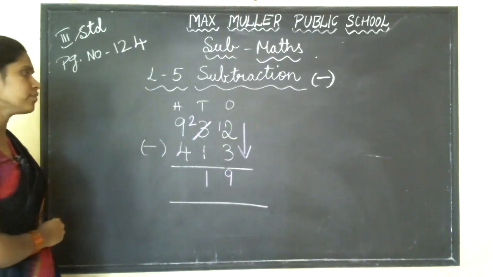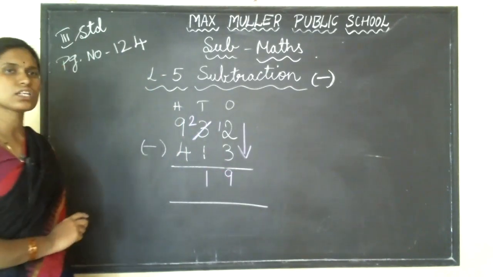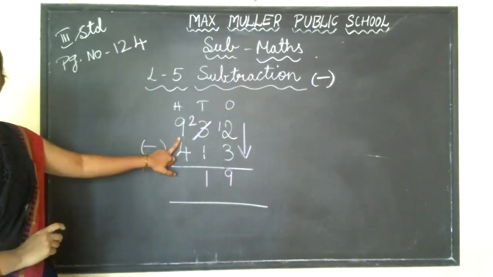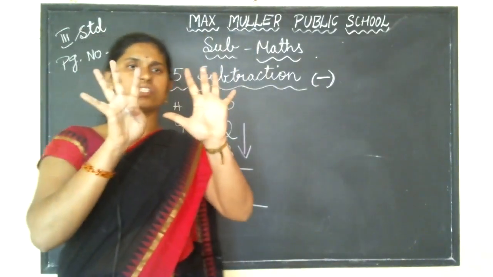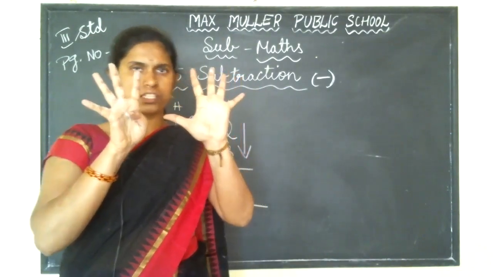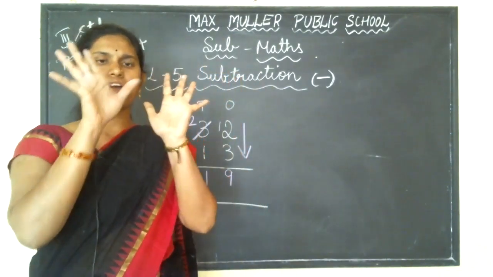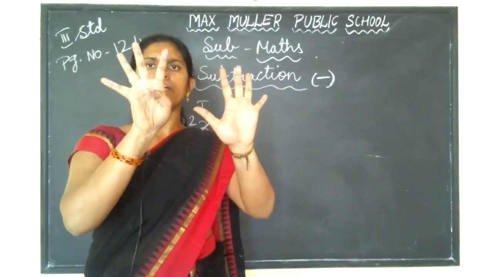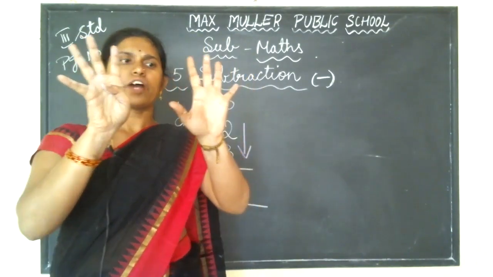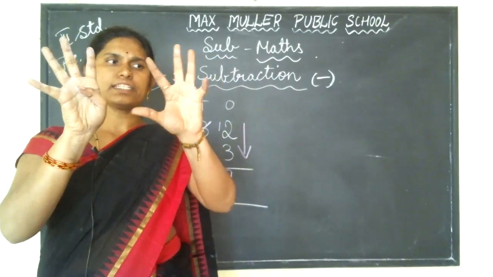Understood, all of you? Next, in the hundreds place, what is the number? 9. So write down 9. With 9, you can show 9 fingers. You have 10 fingers, close 1. It will become 9. Count and see: 1, 2, 3, 4, 5, 6, 7, 8, 9.